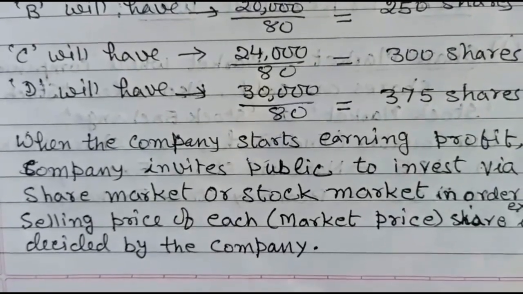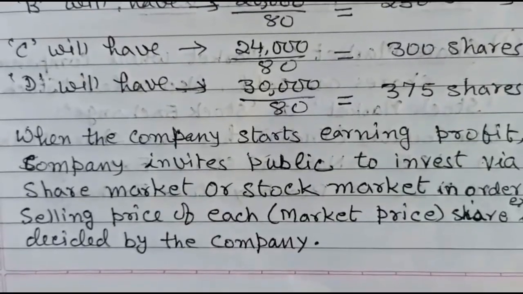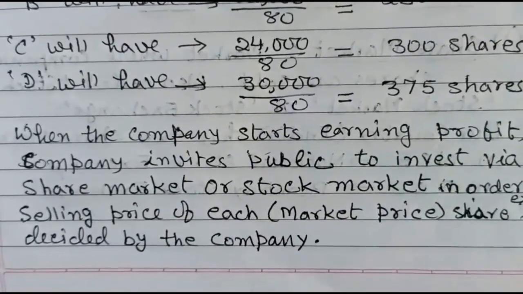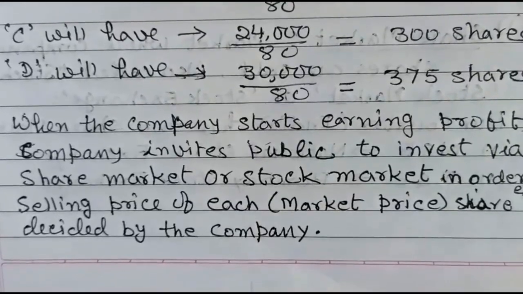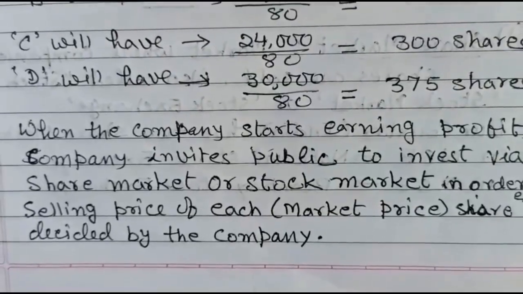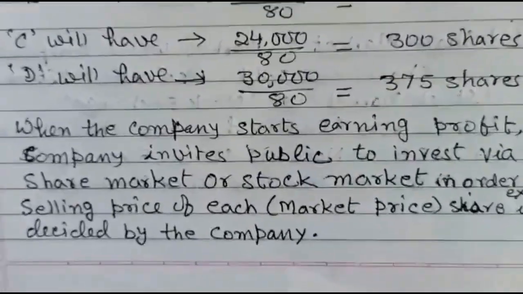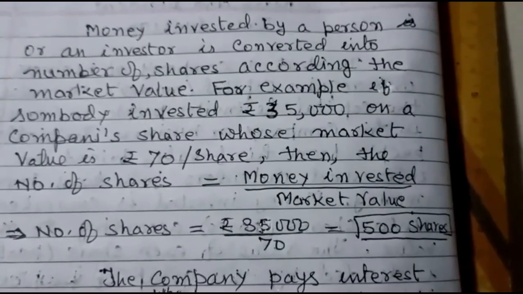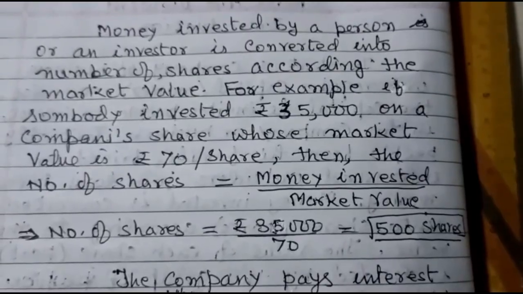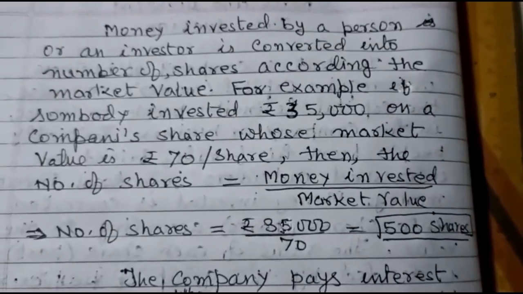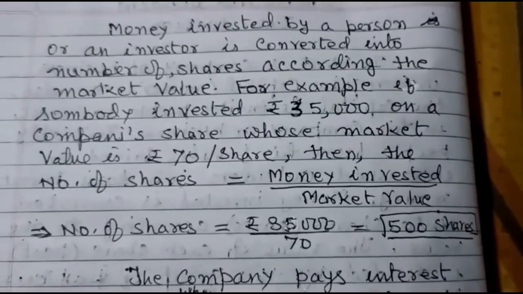When the company starts earning or making profit, the company invites the public to invest via the share market or stock market to expand the company. A selling price or market price of each share is decided by the company. Money invested by a person or an investor is converted into number of shares according to the market value.